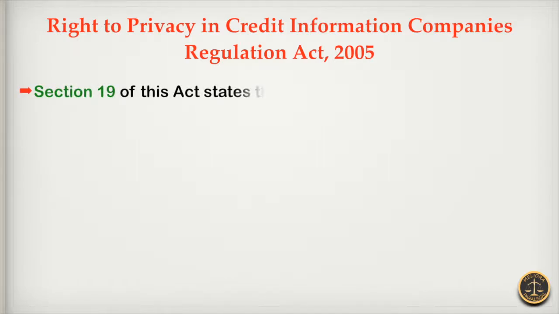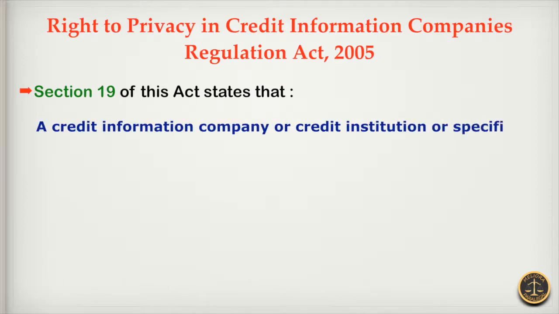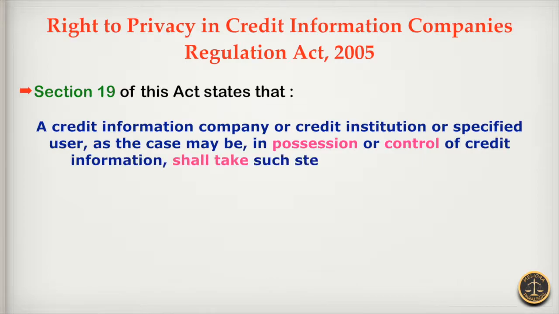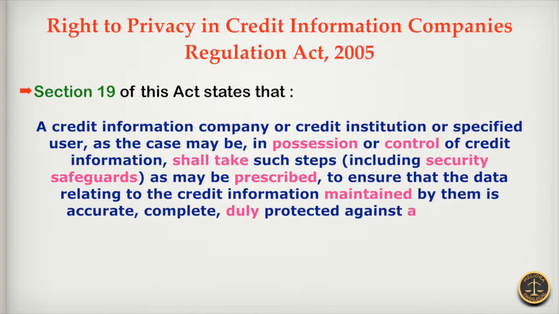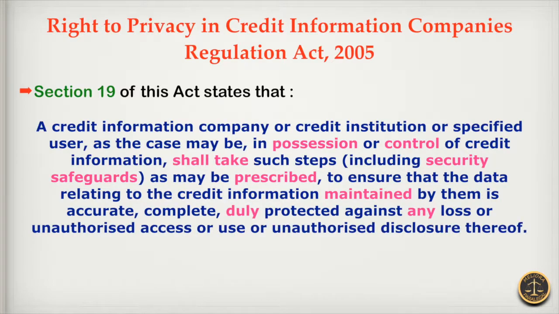Section 19 of this Act states that a credit information company or credit institution or a specified user, as the case may be, in possession or control of credit information, shall take such steps, including security safeguards, as may be prescribed to ensure that the data relating to the credit information maintained by them is accurate, complete, duly protected against any loss or unauthorized access or use or unauthorized disclosure thereof.